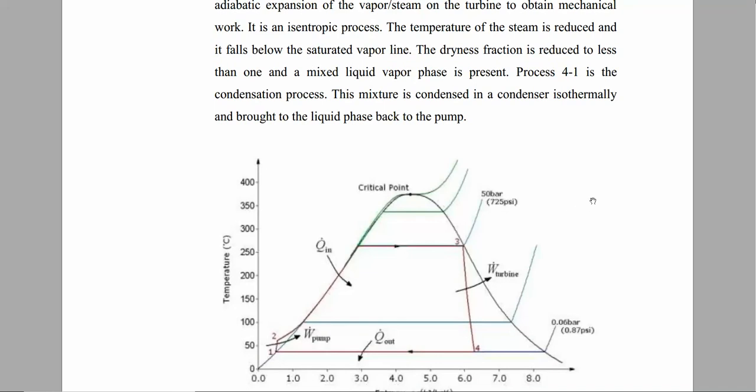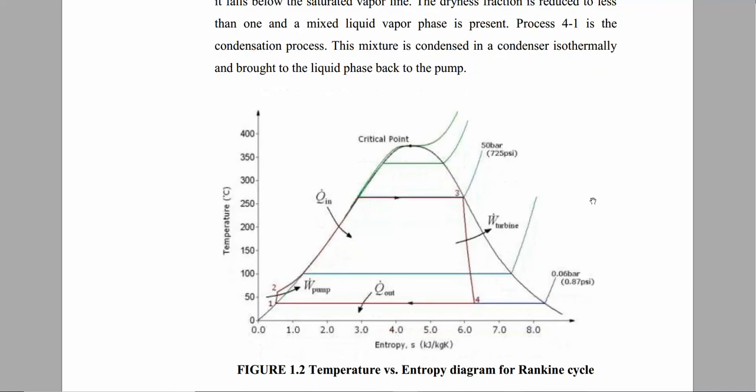The dryness fraction is reduced to less than 1 and a mixed liquid-vapor phase is present. Process 4 to 1 is the condensation process. This mixture is condensed in a condenser isothermally and brought back to the liquid phase for the pump.